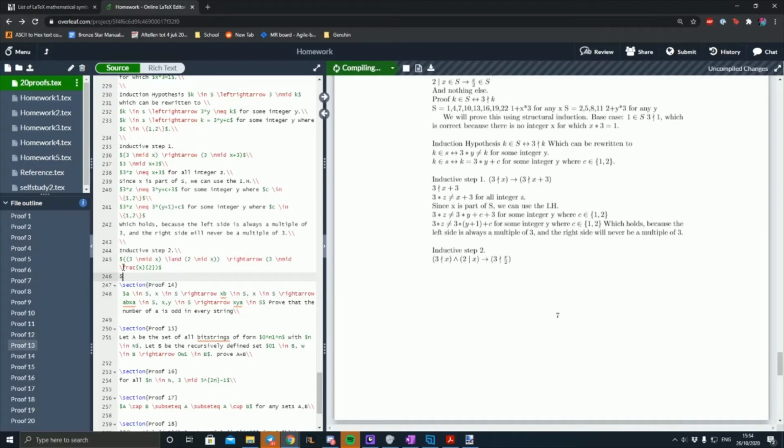So we know that x equals 2 times z for some integer z, or I'll use a here, and x, and then I'll copy this part again.